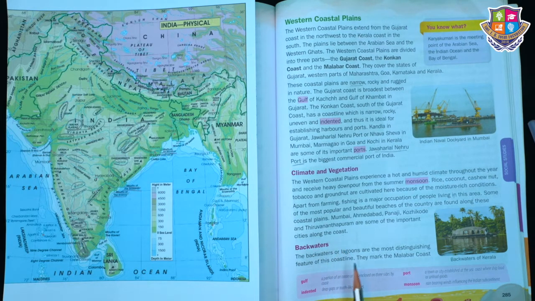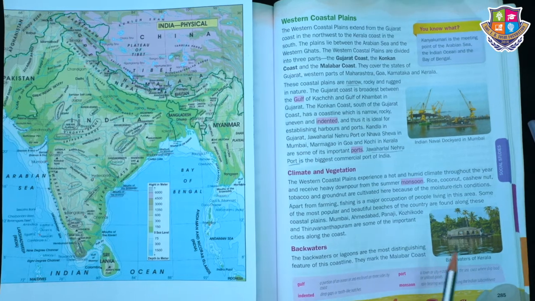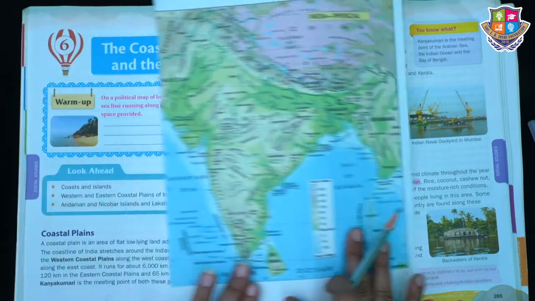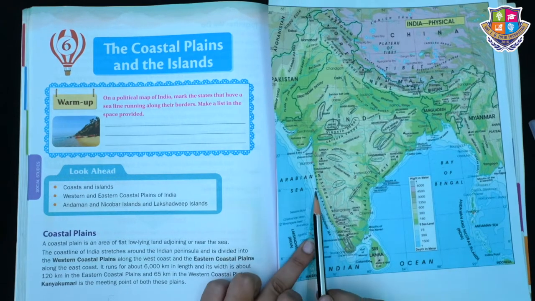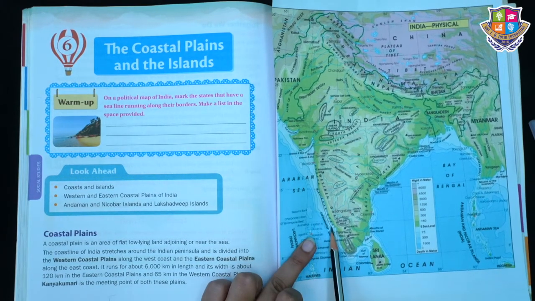The backwaters. The backwaters or lagoons are the most distinguishing features of these coastal lines. They mark the Malabar coast. And where is the Malabar coast? It is here.